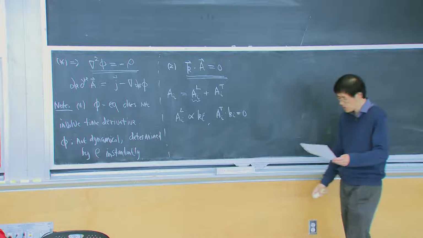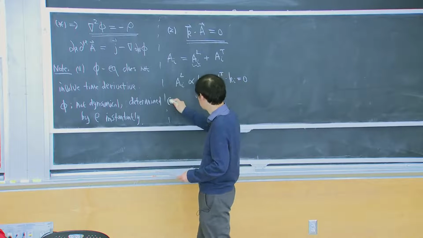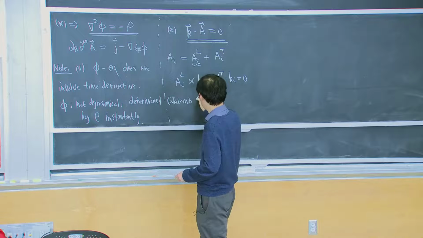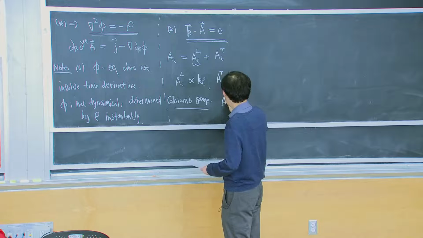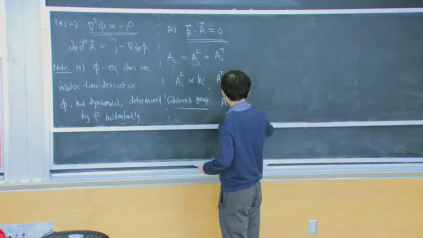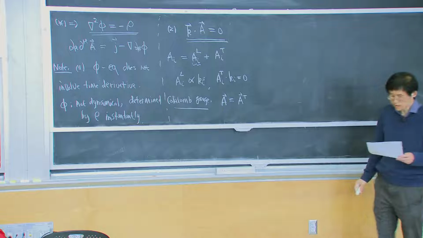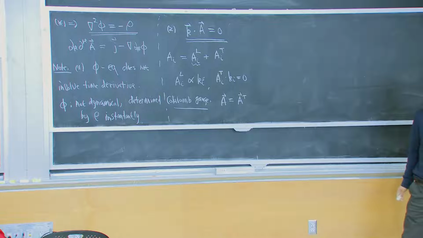Then the Coulomb gauge means that A is equal to A transverse, just A transverse. The longitudinal part is 0, the part proportional to the momentum is 0.